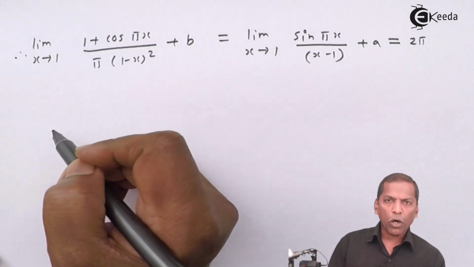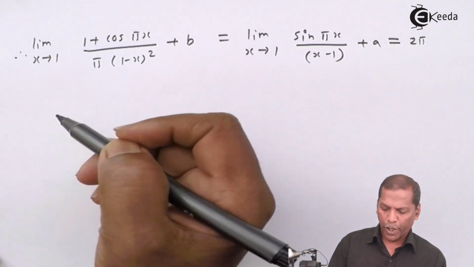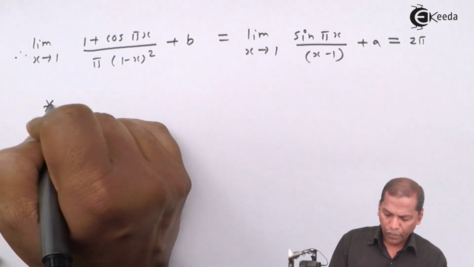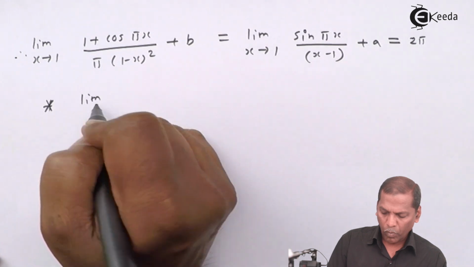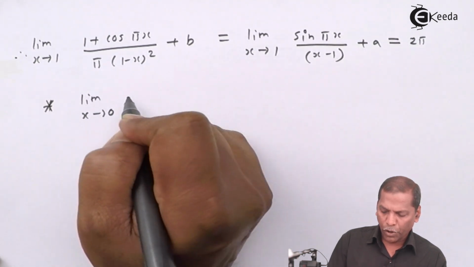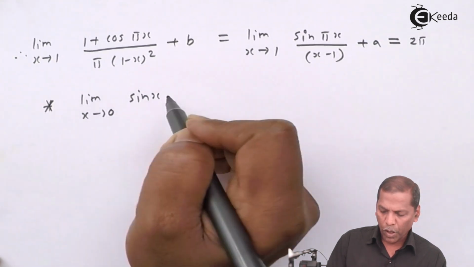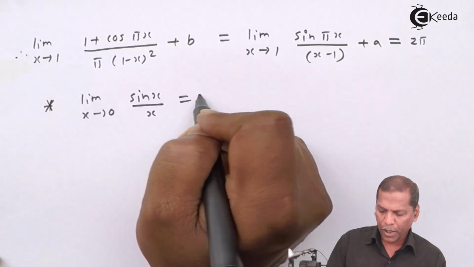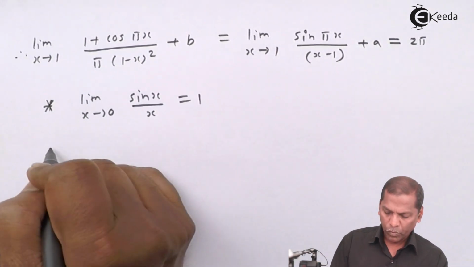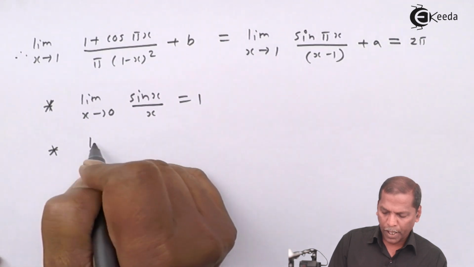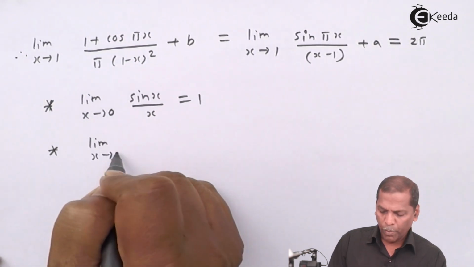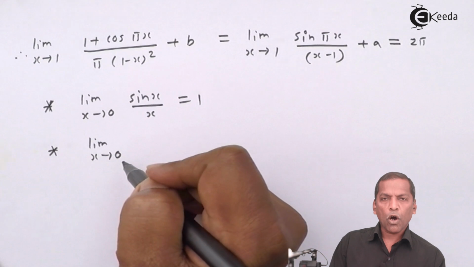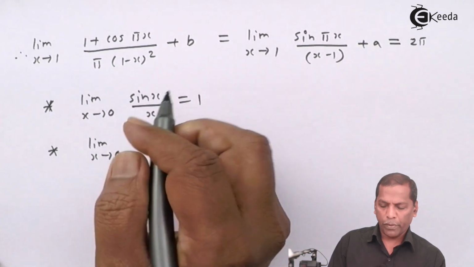So we recall the two rules on limits, that limit x tends to 0, sin x upon x gives 1. And secondly, limit x tends to 0, cos x is equal to 1.